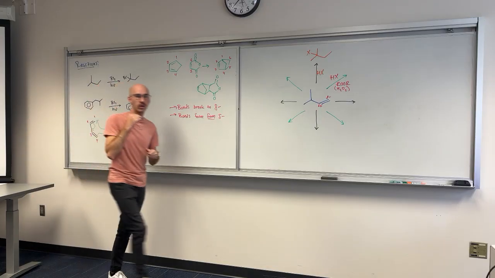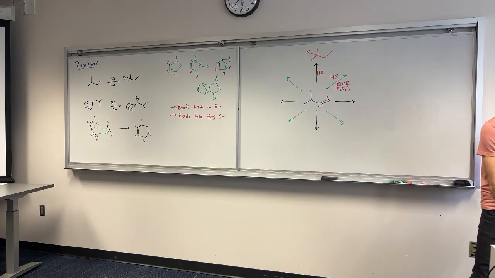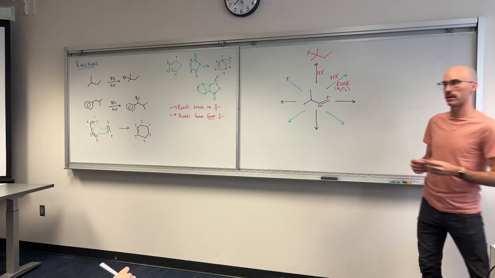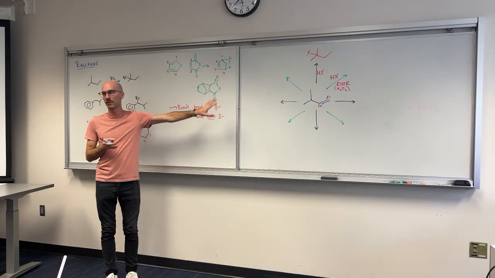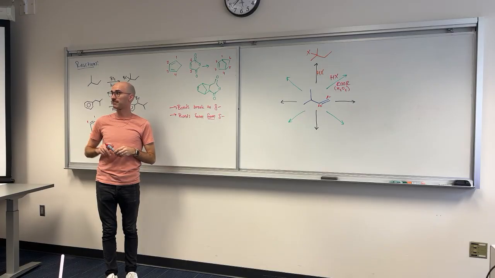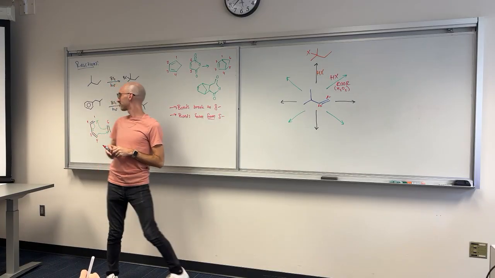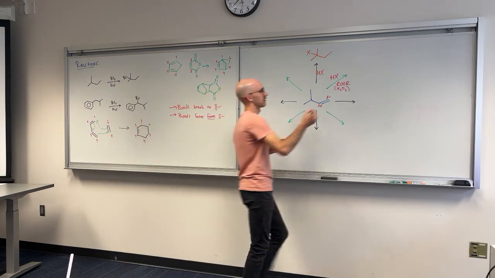So on your learning objectives list, I've labeled this as hydrohalogenation in peroxide. Now we already know what happens with HX addition. What's the usefulness of adding a peroxide? Exactly. It changes the regiochemistry of the product.